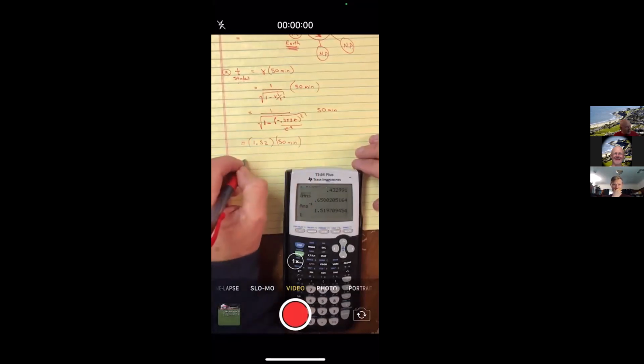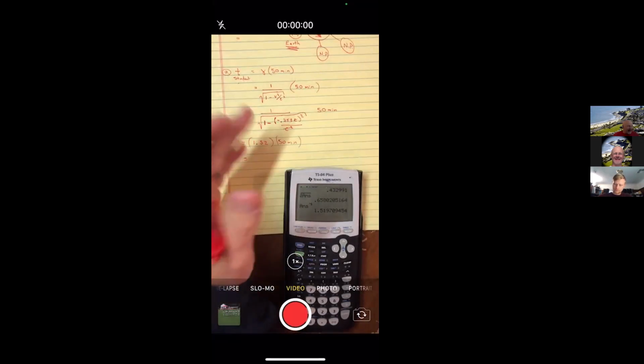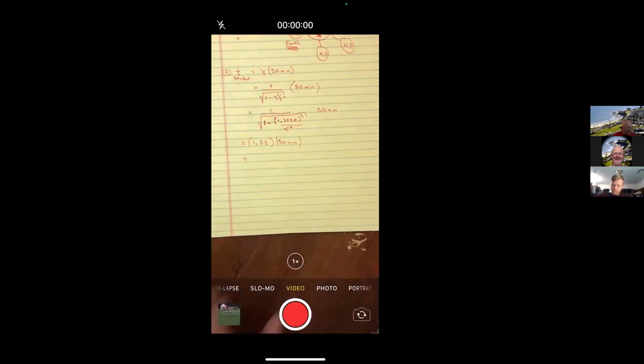So again, the phrase we like to use is moving clocks run slow. The students are looking back at the professor's clock, and they're probably happy to see that, hey, that clock's running slow. If those professors see 50 minutes, that gives the students a lot more time than 50 minutes.